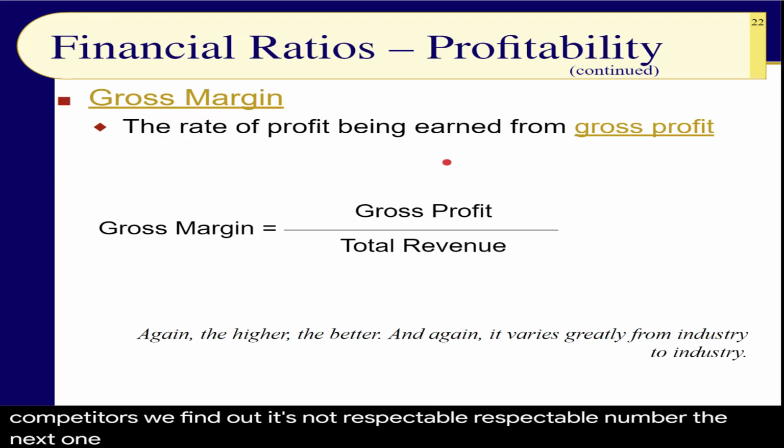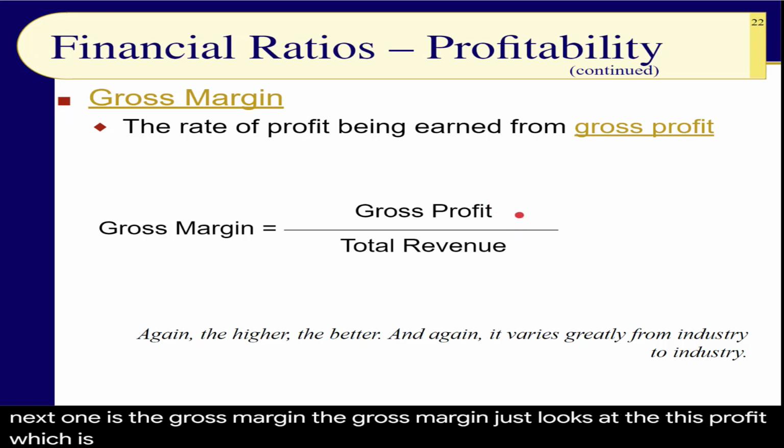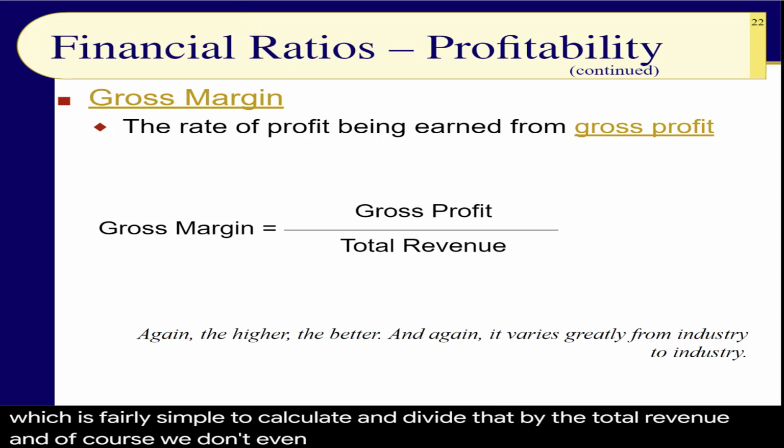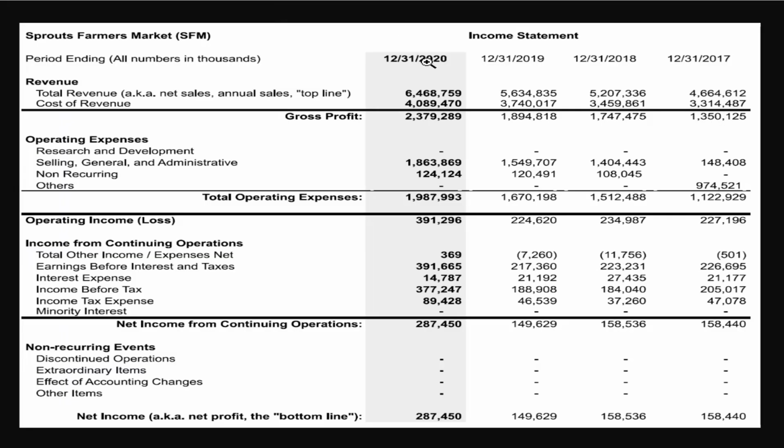The next one is the gross margin. The gross margin just looks at the gross profit, which is fairly simple to calculate, and divides that by the total revenue. And of course, we don't even have to calculate it because it's done for us. If we go to the income statement, we see that the total revenue is subtracted by the cost of goods sold, or the cost of revenue.